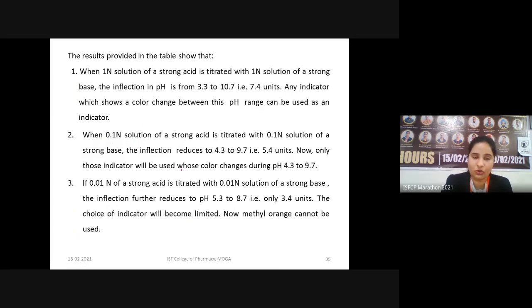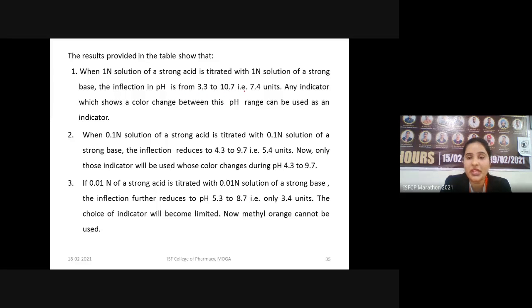So we will sum up this theory of strong acid and strong base. The results which are provided in the table show that when one normal solution of a strong acid is titrated with one normal solution of a strong base, here we always take the same concentration of acid and base, the inflection in the pH, the sudden rise in the pH, is generally observed from 3.3 to 10.7 pH.